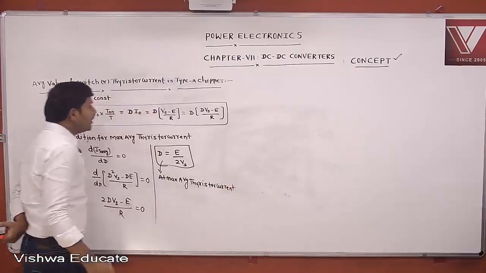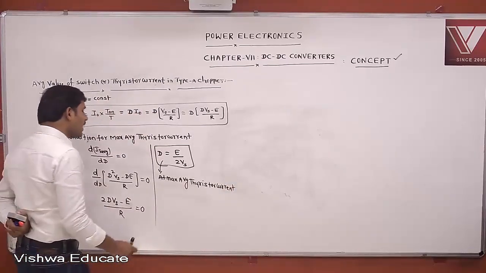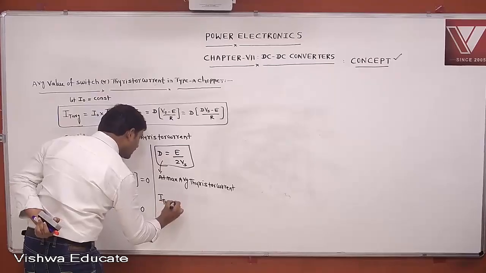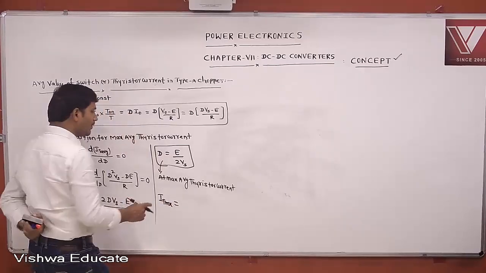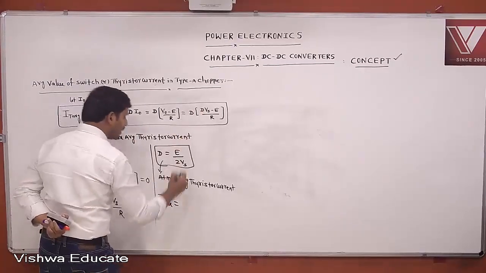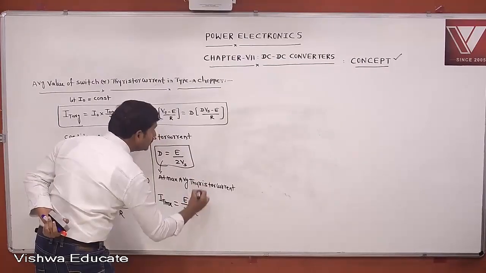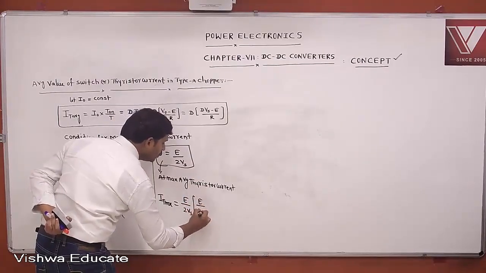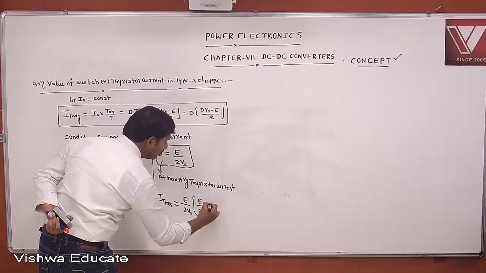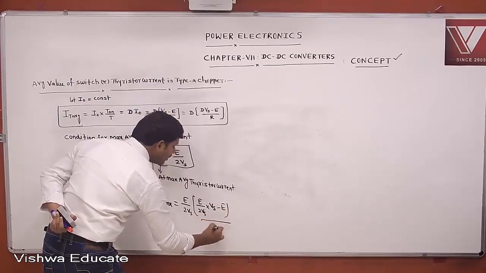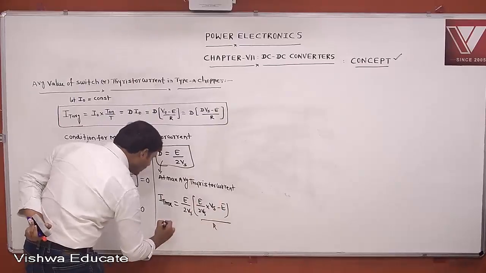But what is the maximum value of average thyristor current? How to get the maximum value of average thyristor current? It means substitute this condition here. Then what do you get? E by 2 Vs into E by 2 Vs into Vs minus E by R. Then we get a negative sign, no need to consider that.